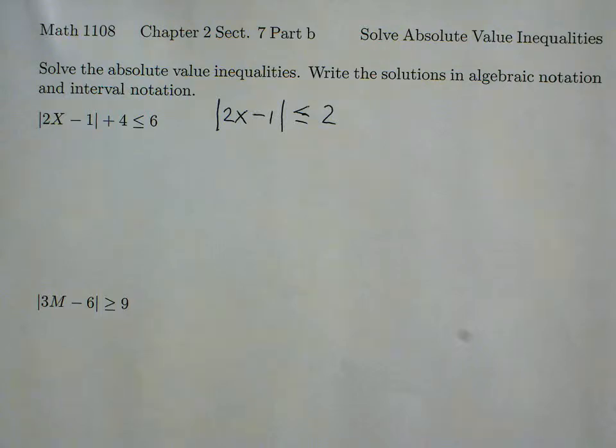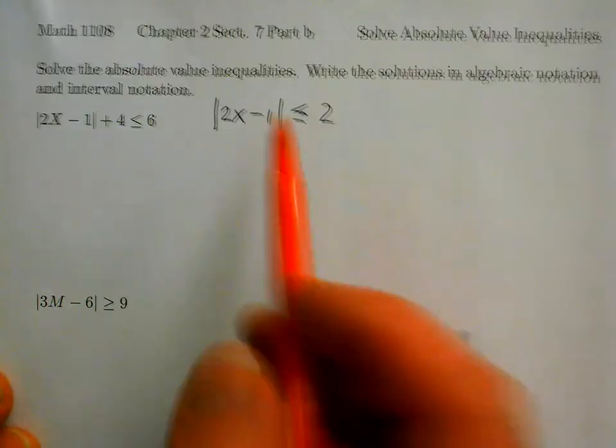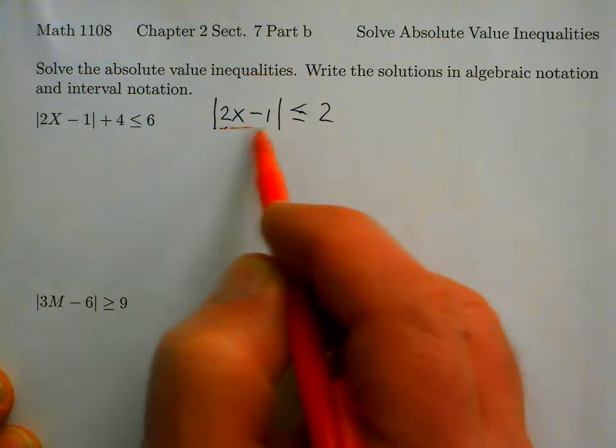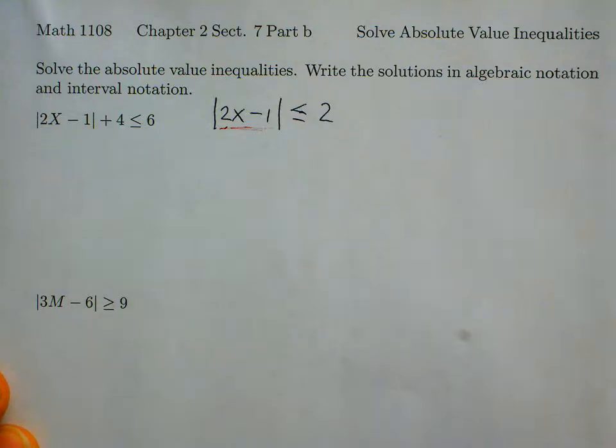If the distance from 0 is less than or equal to 2, between positive 2 and negative 2, then that number has to be between negative 2 and positive 2. That make sense? So just think of 2x minus 1 as a number because that's what it represents.